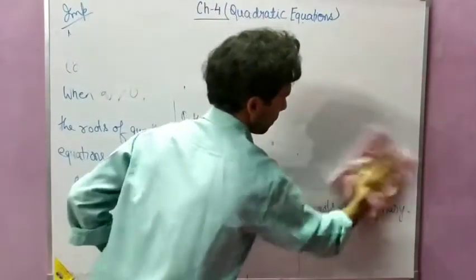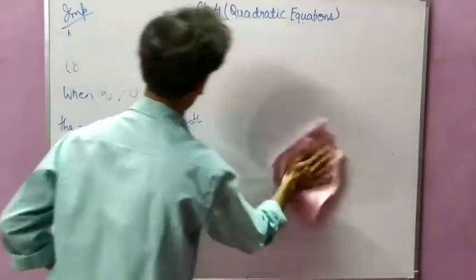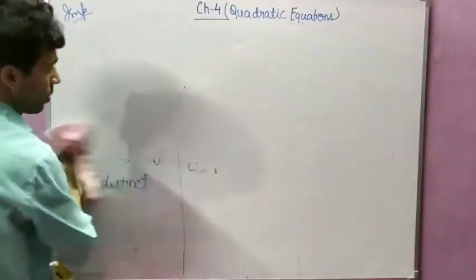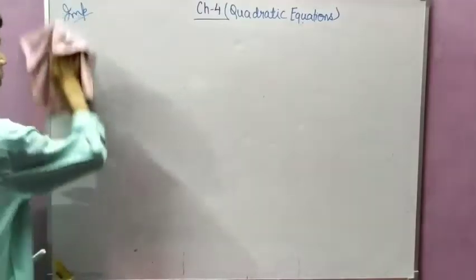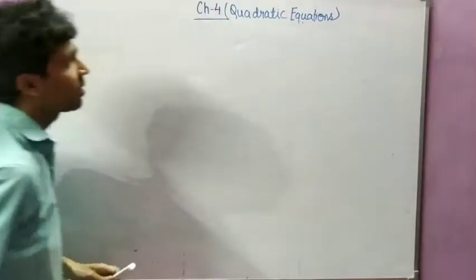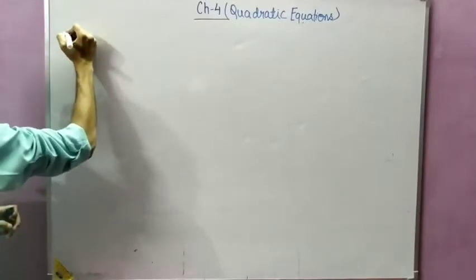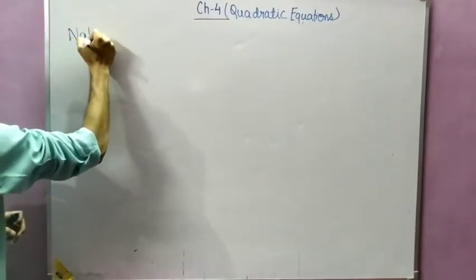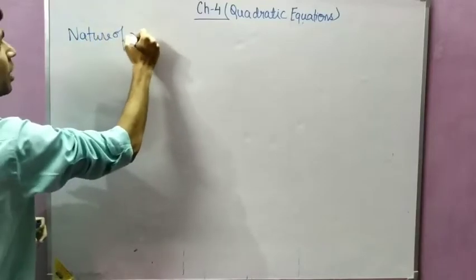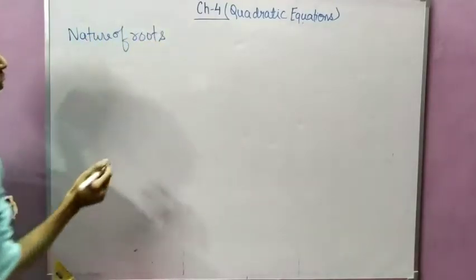So as a note, quick review of all the three cases. So when you write nature of roots, suppose you have to write like this in short formula, nature of roots. So you will write like this.